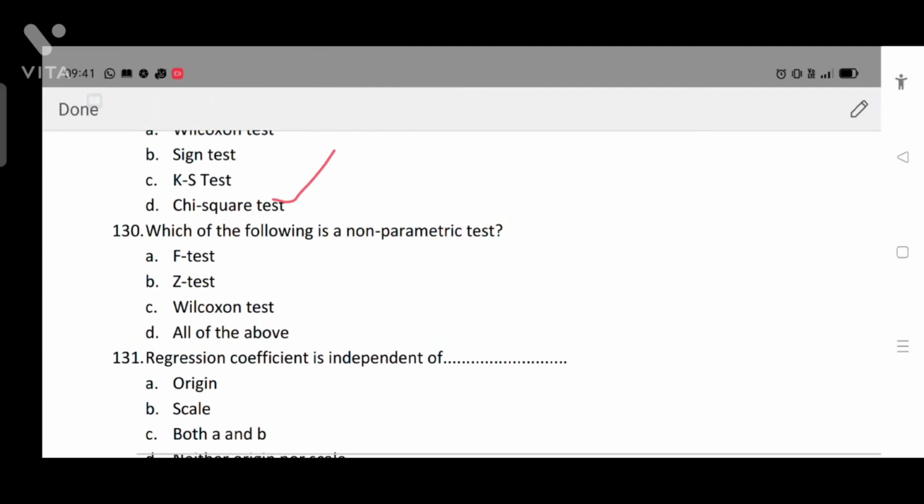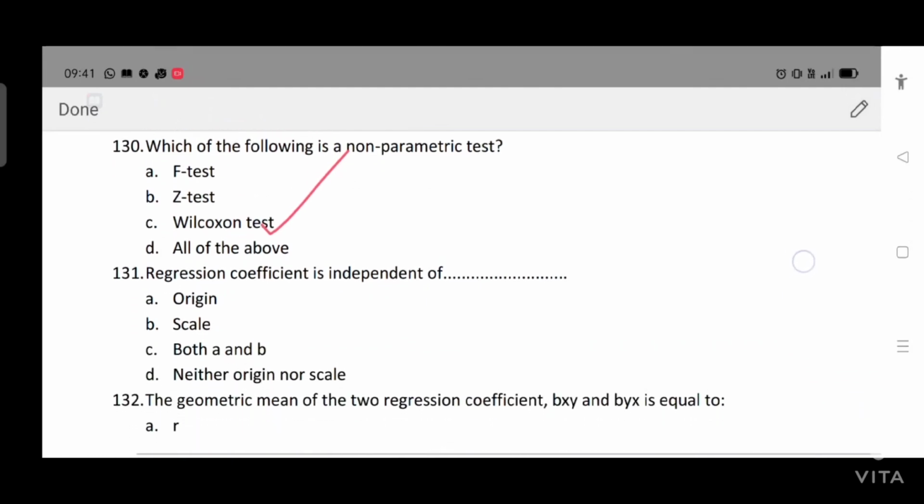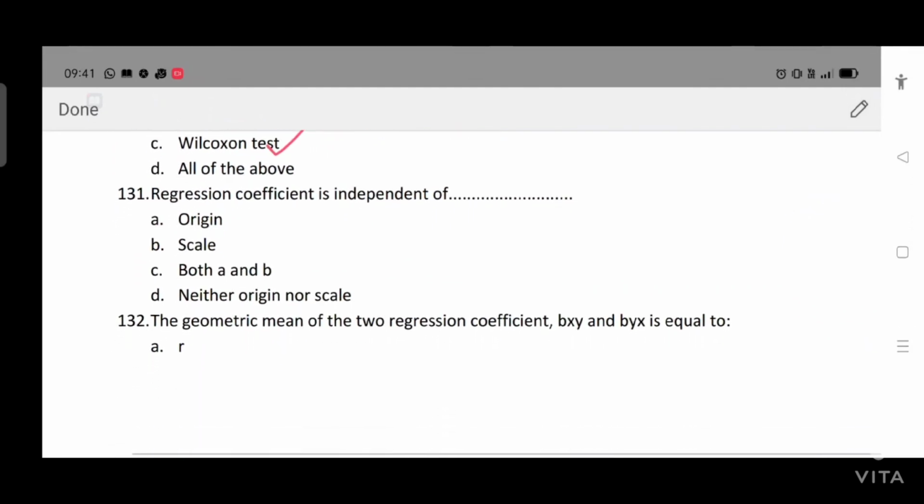Which of the following is non-parametric test? A, B, C, D. Wilcoxon test. Regression coefficient is independent of A, B, C, D. Origin.